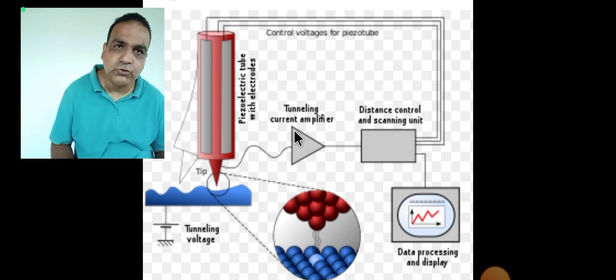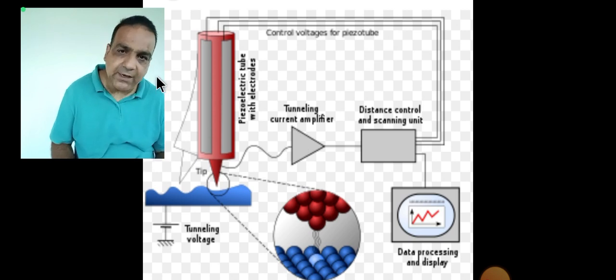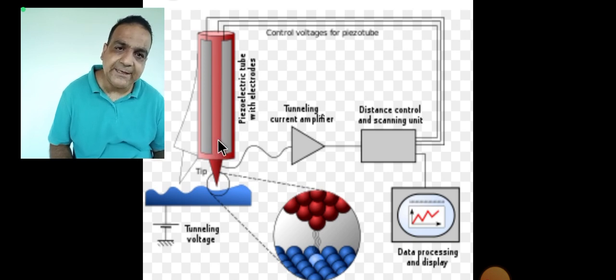To start with, the tunneling electron microscope is an advanced imaging instrument that utilizes the phenomenon of quantum mechanical tunneling to generate high resolution images of sample surfaces. It allows us to study the atomic and molecular structures of materials.